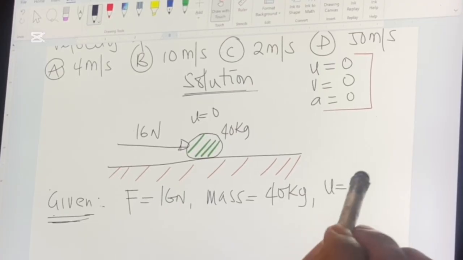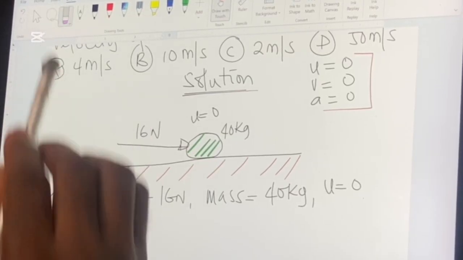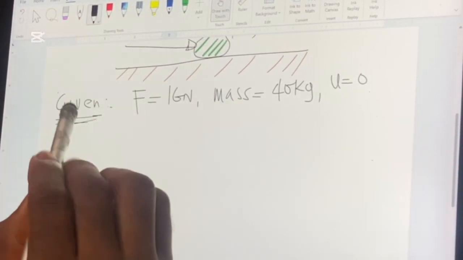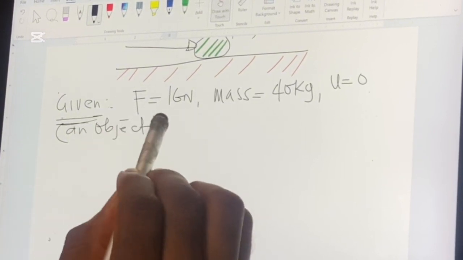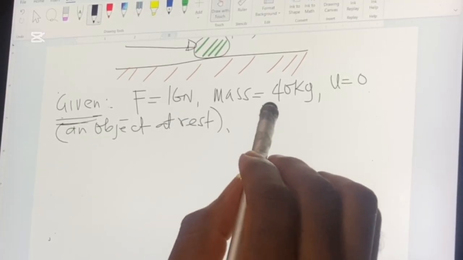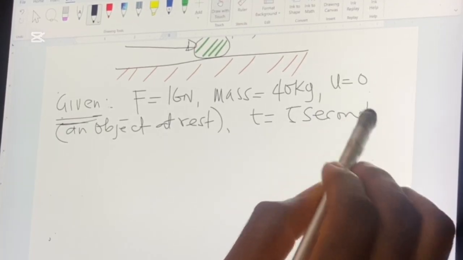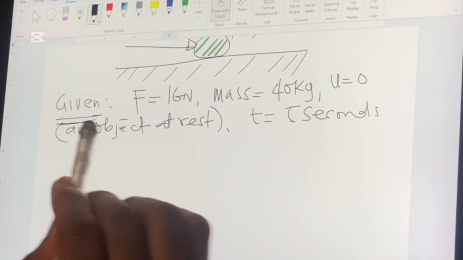U is equal to 0, that is an object at rest. Our T is equal to 5 seconds. Okay, class, we are asked to find velocity, that is V.